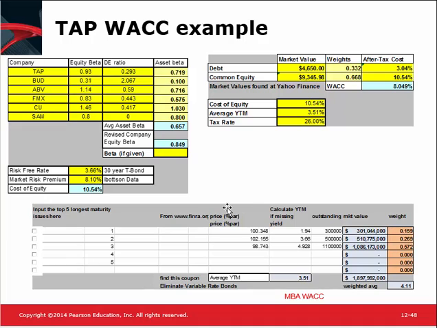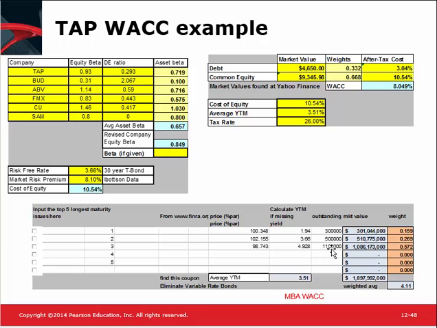So here we have an example of what we did with CoreS. There's an MBA WACC weighted average cost of capital worksheet, and here you can input the data. I just used the 5 longest maturity issues. For CoreS at this time there were only 3, and I found the market value of those.